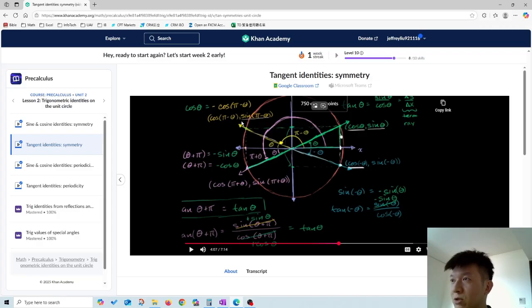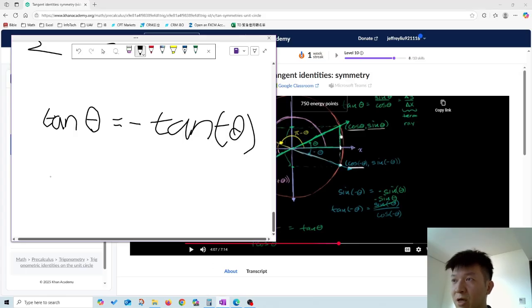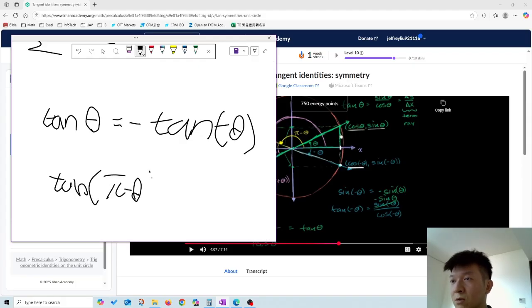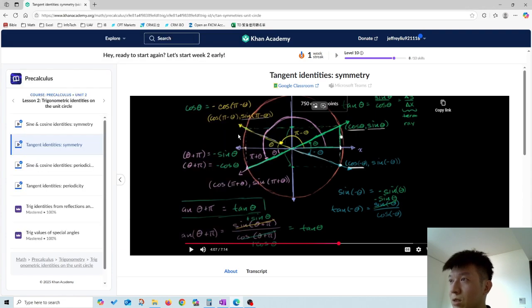I'm going to do the pi minus theta, and you're going to think about the tangent, which is sine, this one right here, over cosine, right? So tangent of pi minus theta is what? Cosine will be negative, so your denominator will be negative, and your numerator will be the same, which is positive.